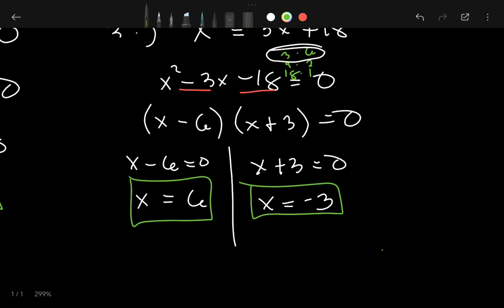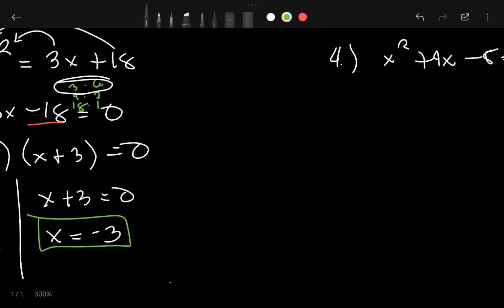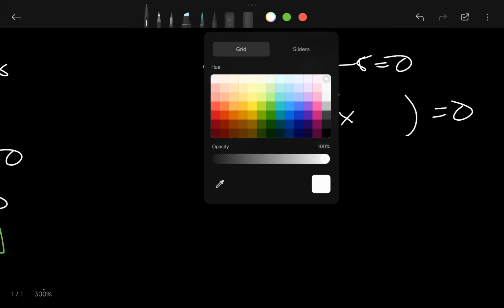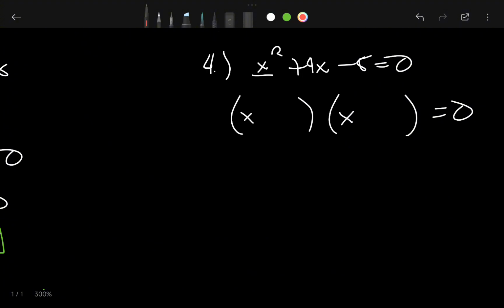Now let's go ahead and try example number 4. We have x squared plus 4x minus 5 is equal to 0. Again, this is a product of two binomials. The factors of x squared is x times x. Now, what are the two numbers? If you multiply them, the product is negative 5 and the sum is positive 4.